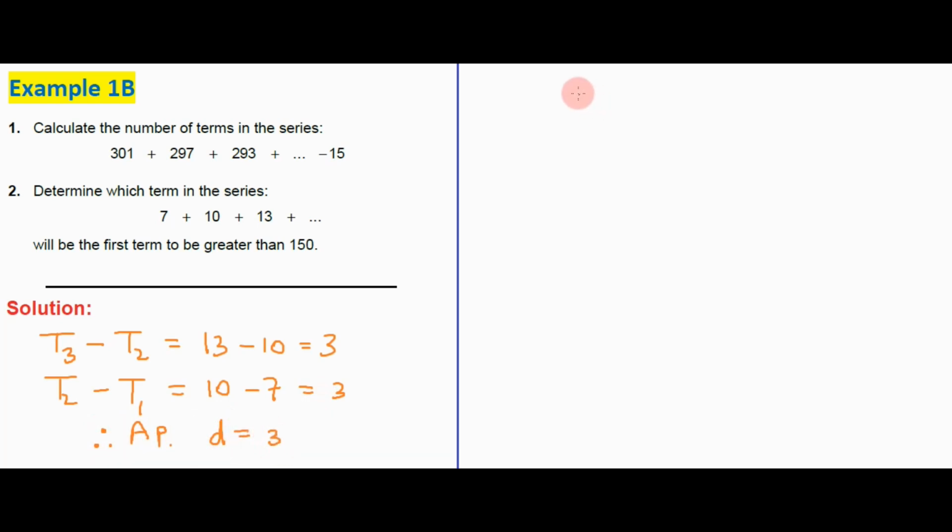Once again, we're going to use this formula T sub n equals A plus (n minus 1) times D. Let's write down what we have and what we need to find. We have the first term A, it's equal to 7. The common difference D is equal to 3.